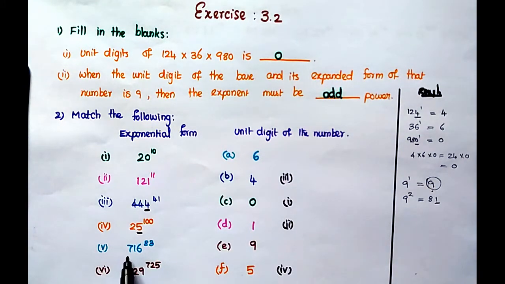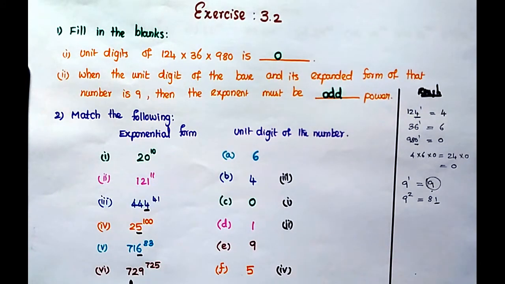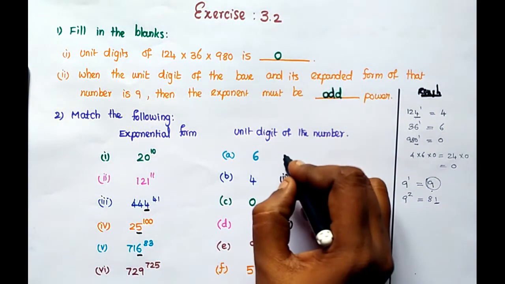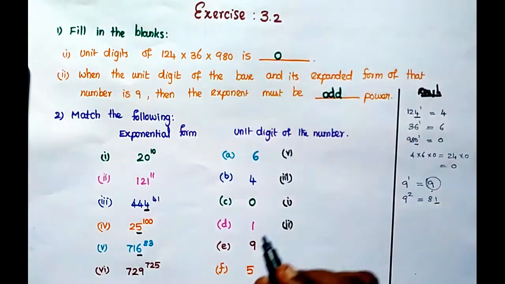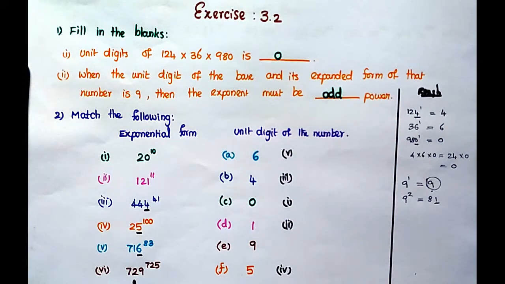Next one, 716 power 83. Listen, the base number ends with 6. 6 power anything gives the result unit digit of 6 only. So that is 5. Next, 729 power 725. Here the base unit digit is 9, ends with 9.